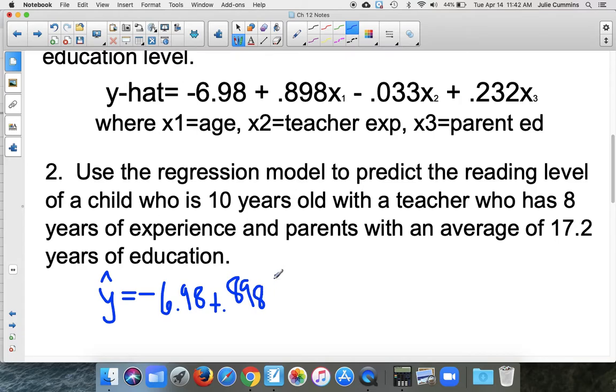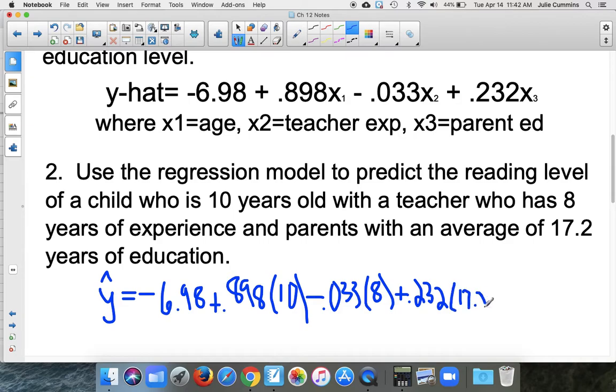x1, remember x1 is age, so we are talking about a 10-year-old, minus 0.033 x2. x2 is teacher experience, which is 8 years, plus 0.232 x3, which is parent education, which is 17.2.